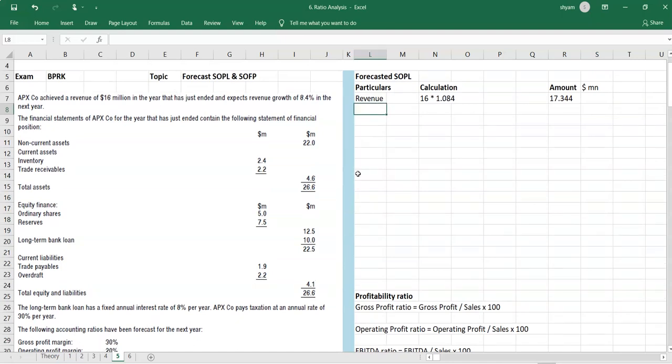Gross profit is 30%, so we'll put gross profit here, 30% of the sale.